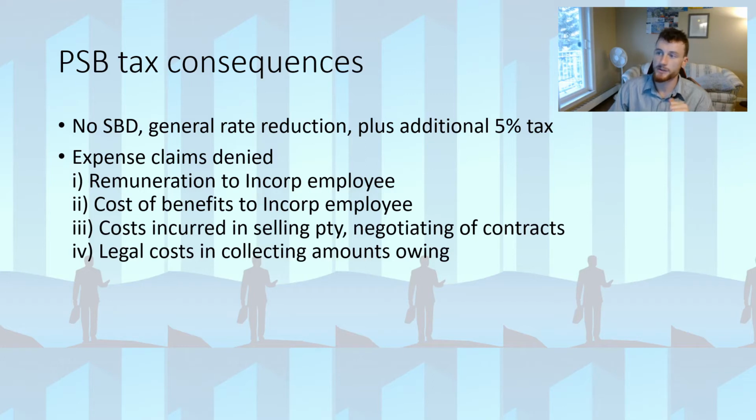The severe tax consequences are no small business deduction and also an extra 5% tax. So we've got our base rate, no SBD, also no general rate deduction, and 5%. So base rate of 38 plus 5%, you're looking at 43%, plus provincial taxes, which can also mount up.